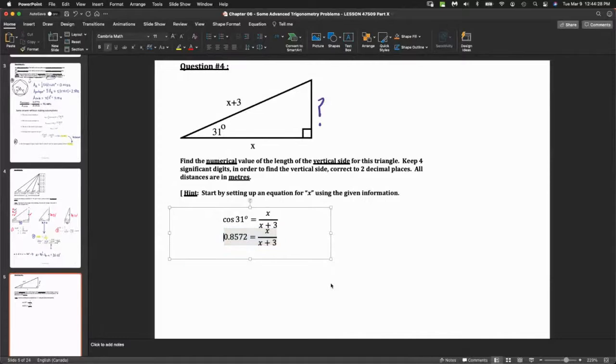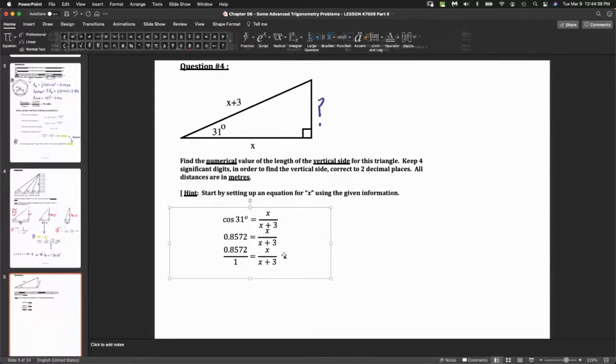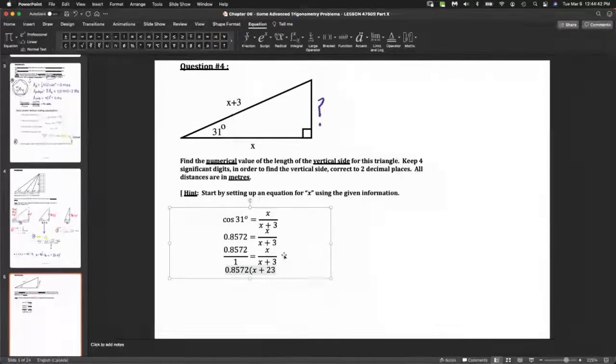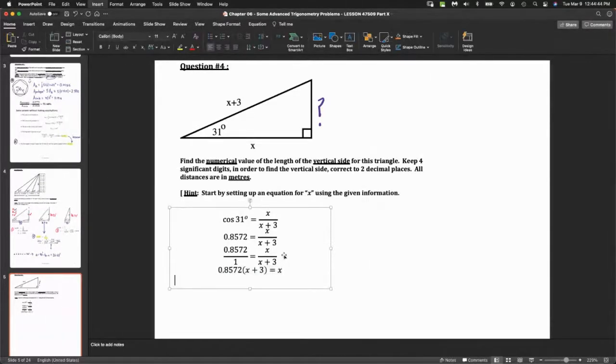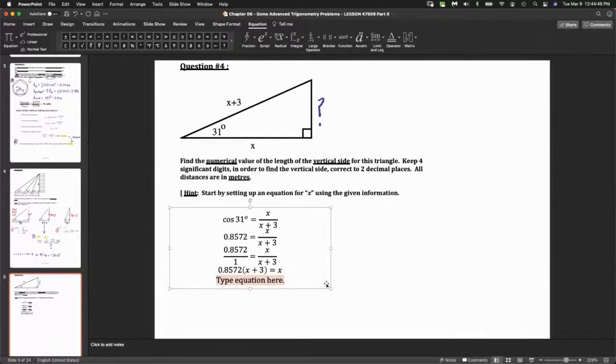So remember that 0.8572, that decimal there, is actually over a 1. And what you're going to do is cross multiply. And if you don't mind, I'm just kind of cruising through it. Once you have that, we can distribute this decimal into the bracket.